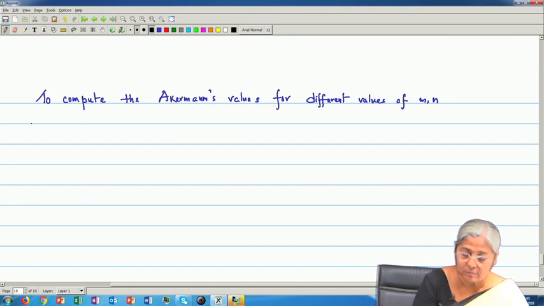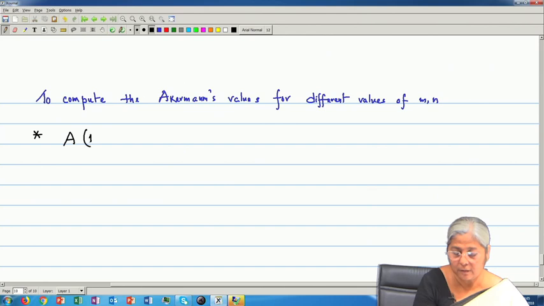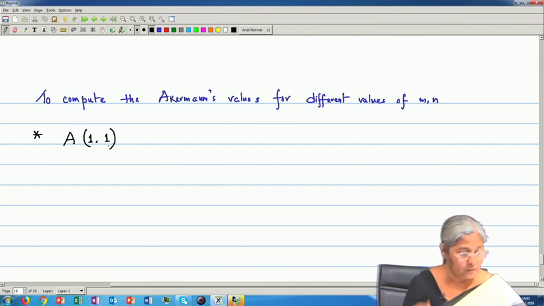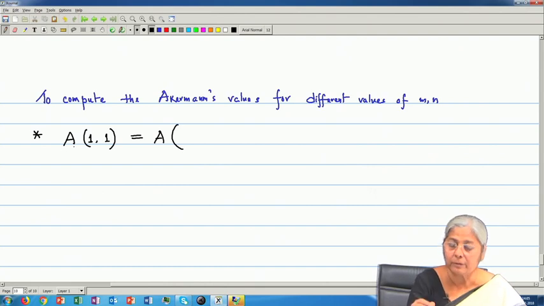Say we see how to compute A(1, 1). If we apply the recursive rule, we get A(m minus 1, ...). Here m equal to 1, n equal to 1.